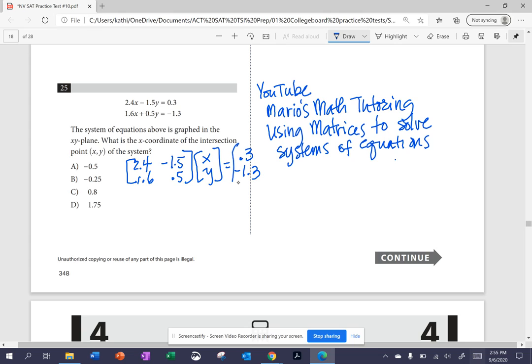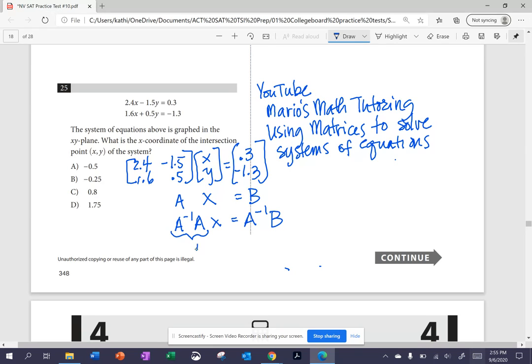So you're going to put it in the order the way we have the information. So this is going to be A times x equals B. So I'm going to take the inverse, A inverse times A times x equals A inverse times B.